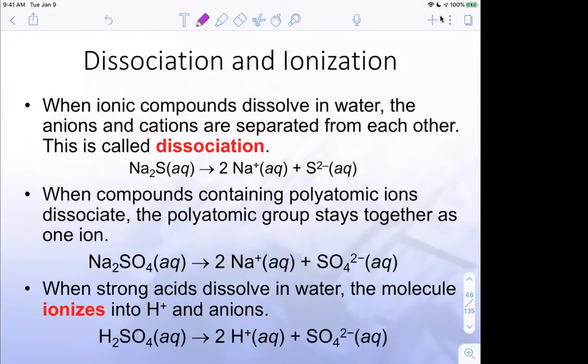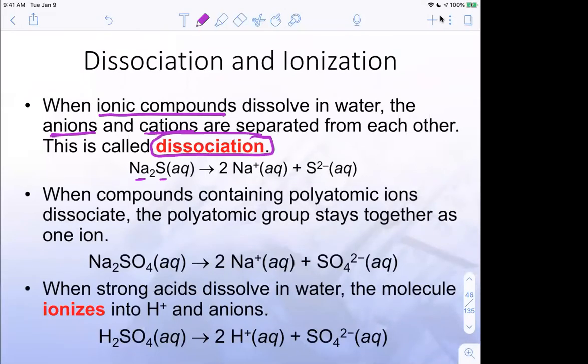There is a slight difference between these two terms, dissociation and ionization. If I have an ionic compound that dissolves in water, the anions and the cations actually separate from one another, which is called dissociation. So I have the sodium plus ions and the sulfide 2- ion in that ionic compound. Those ions are what's holding that lattice structure together, and they will separate or dissociate from one another when they are dissolved in water.